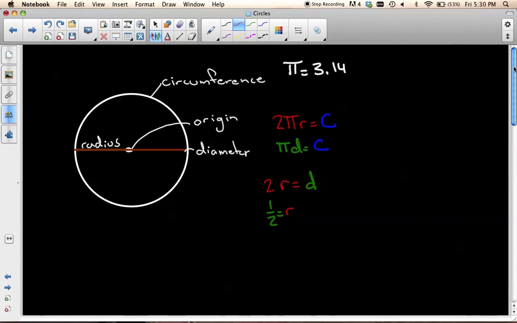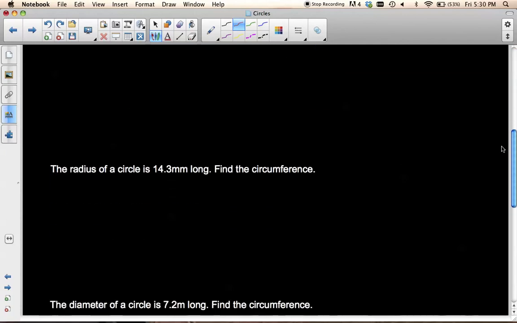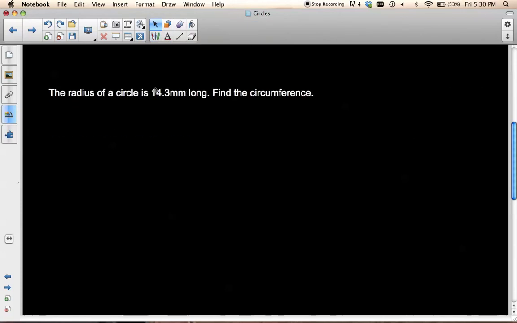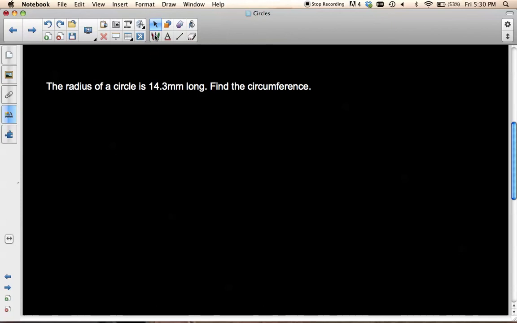So let's take a look at one of the problems that we have. If we know that the radius of a circle is 14.3 millimeters long, how do we find the circumference? Well, we know that our formula for radius is 2 times pi times the radius, and that will give us the circumference.